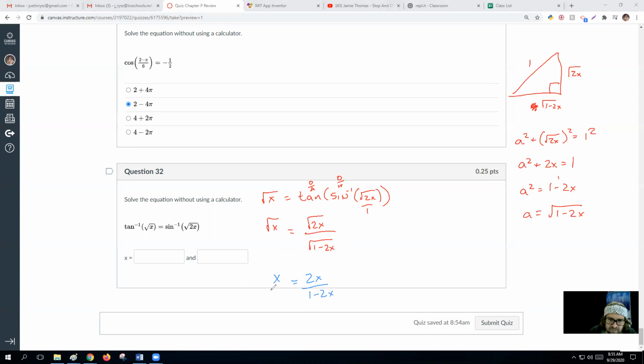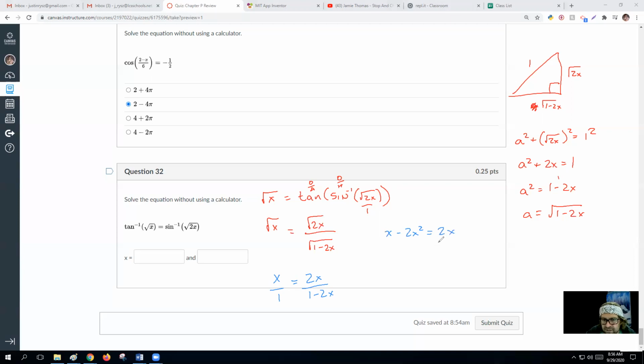Now the next thing, I'm going to put this over 1 because I think this would be easy to cross multiply. So if I cross multiply here, I'm going to have to distribute the x to the bottom, and I would get x minus 2x squared, and I'd set that equal to the other side, 1 times 2x, which would be 2x.